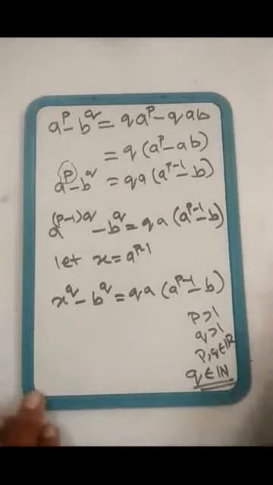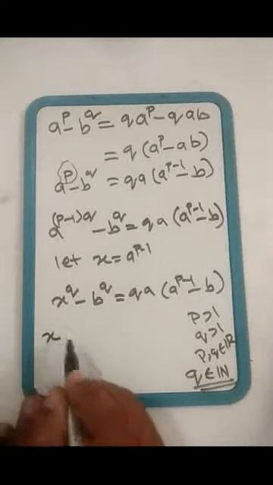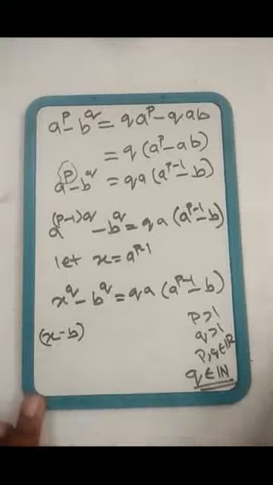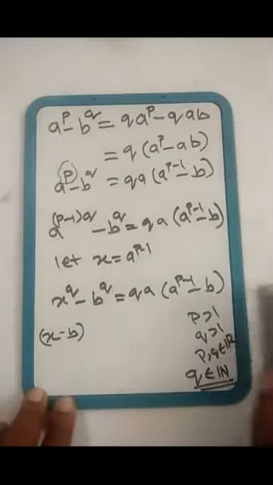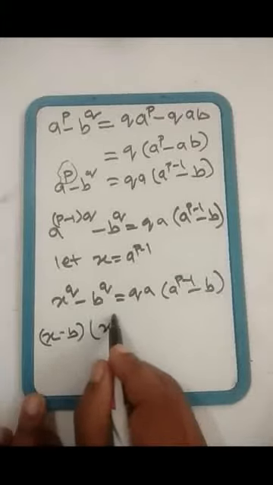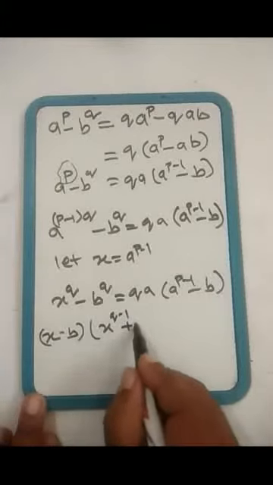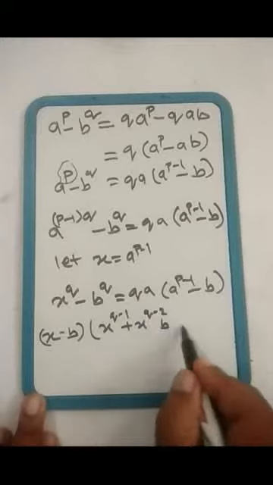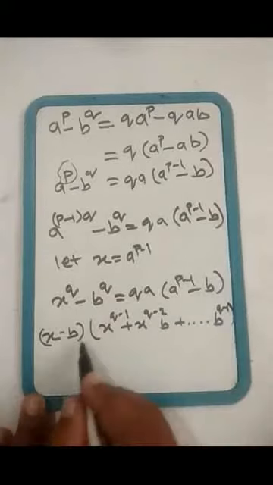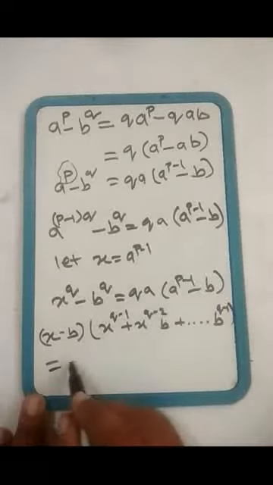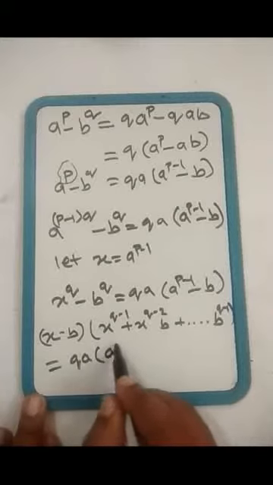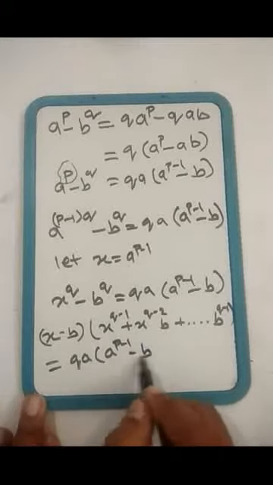So this gets factorized into x minus b times x raised to q minus 1, x raised to q minus 2 b, and so on, the last term being b raised to q minus 1, on the left hand side, and the right hand side is qa times a raised to p minus 1 minus b.